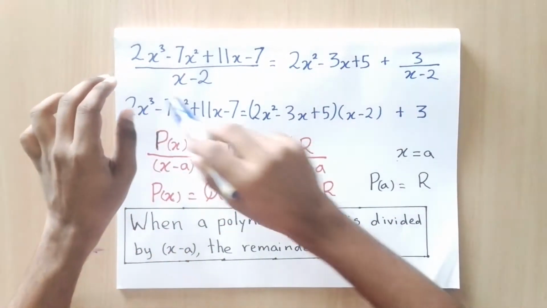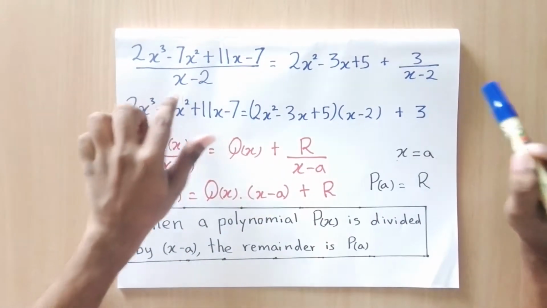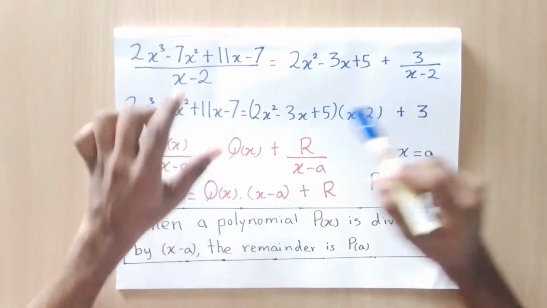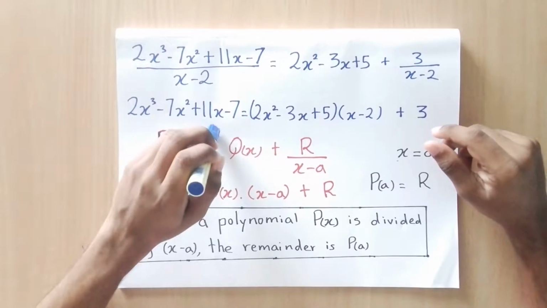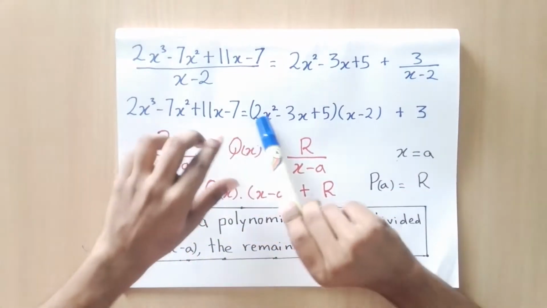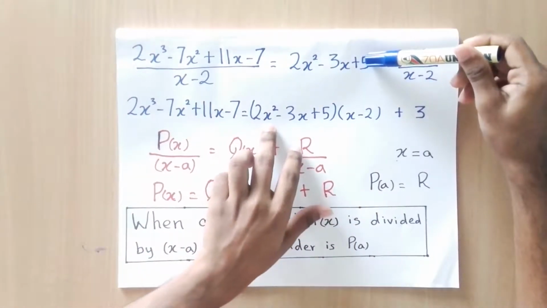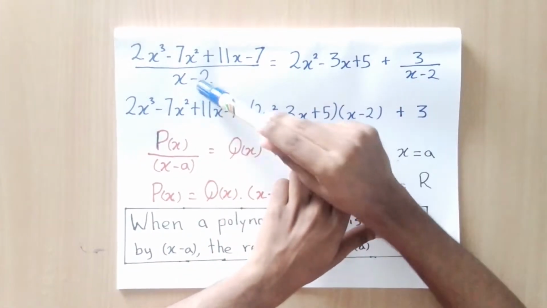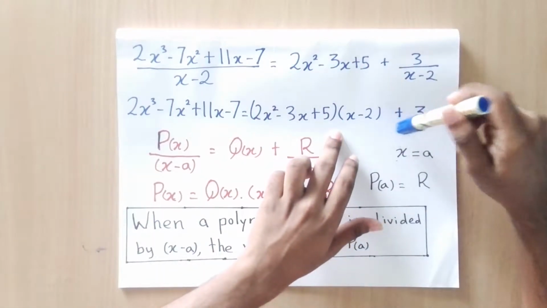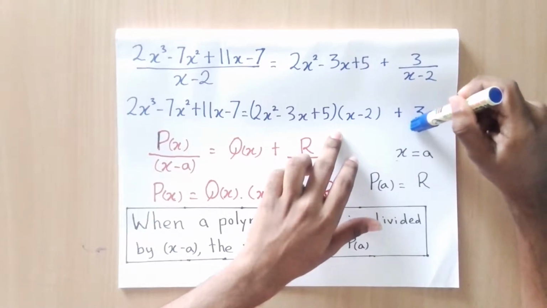If we multiply this whole equation by x minus 2, we get 2x cubed minus 7x squared plus 11x minus 7 equals the quotient 2x squared minus 3x plus 5 multiplied by x minus 2 plus 3.